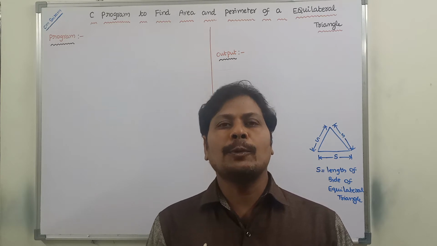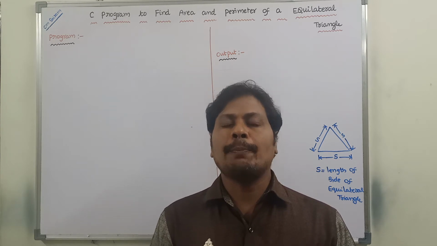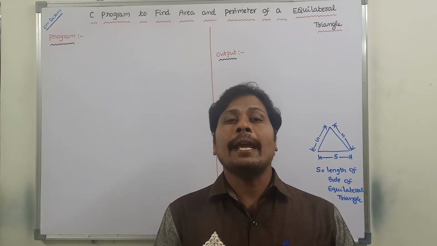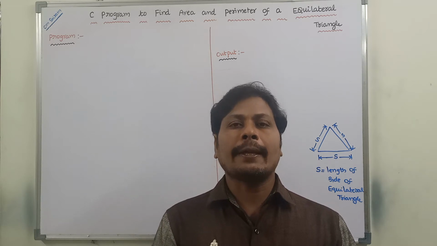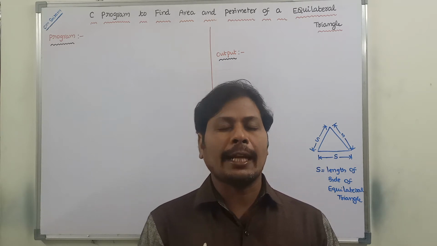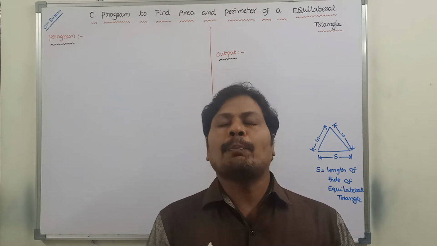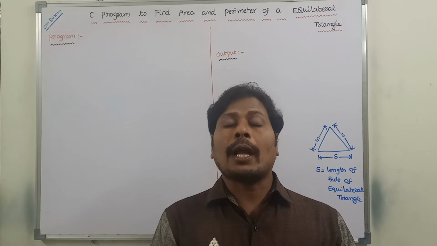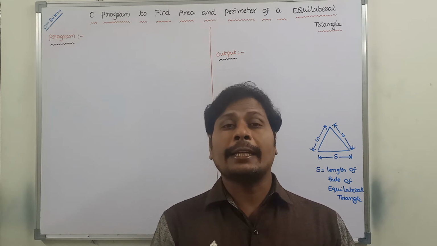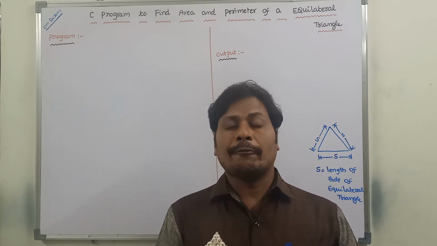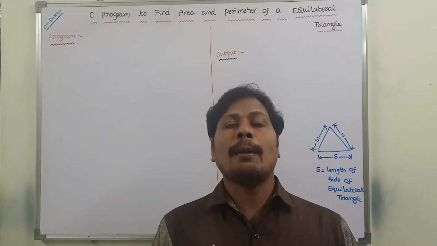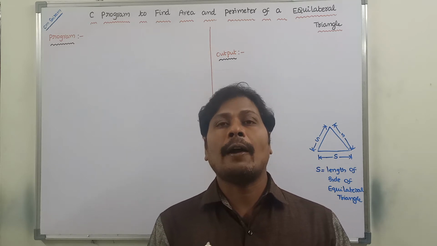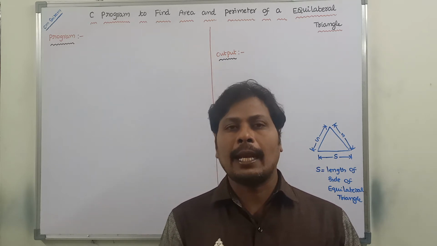Today we are going to discuss a C program to find the area and perimeter of an equilateral triangle. In the previous videos we already discussed four example problems related to this program. First, a C program to find the area and perimeter of a circle.